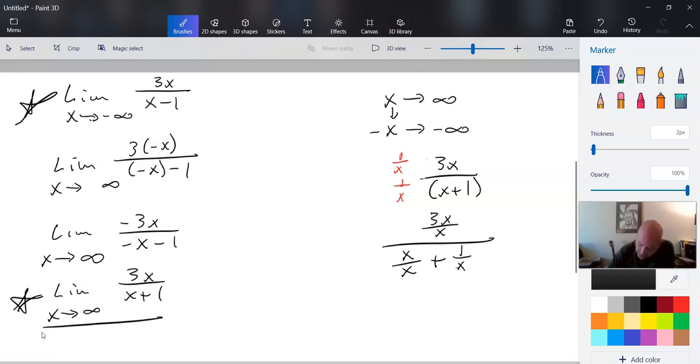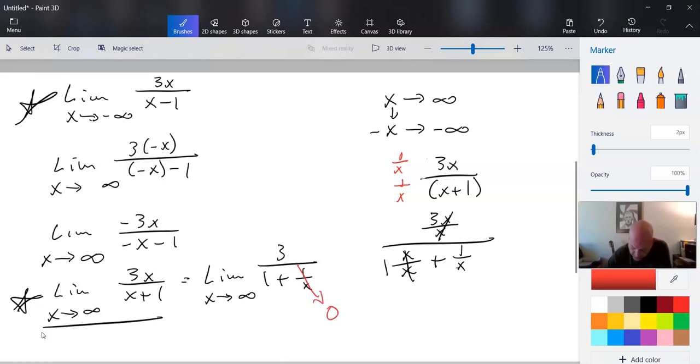So it's very similar to last time, right? So those will cancel, that cancels. And so this is going to be equal to the limit as x goes to infinity of 3 over 1 plus 1 over x. 1 over x, as I go to infinity, is going to go to 0. And if that's true, I get the exact same limit again of 3 over 1.